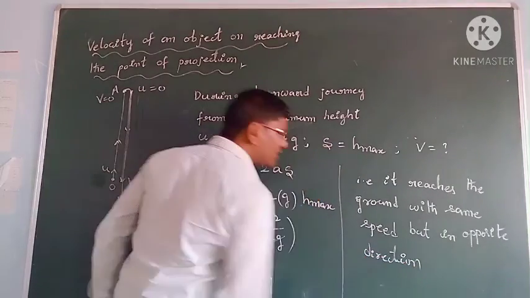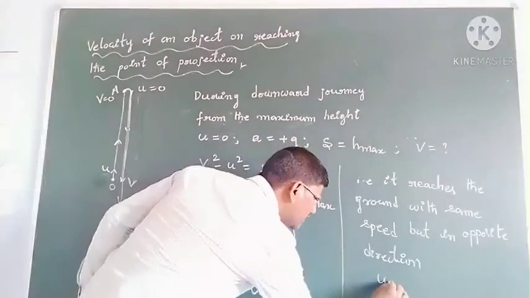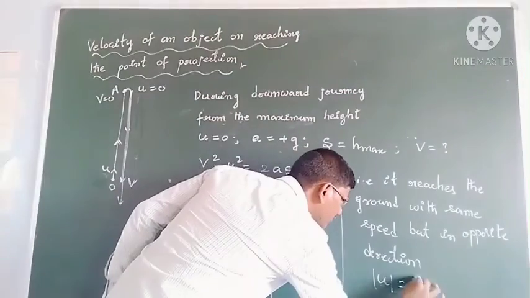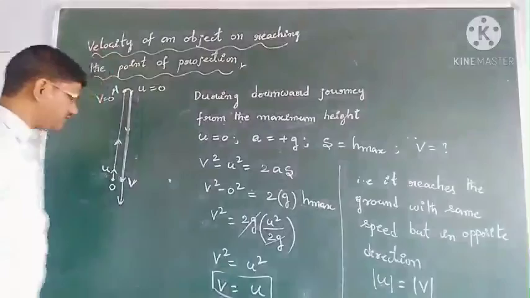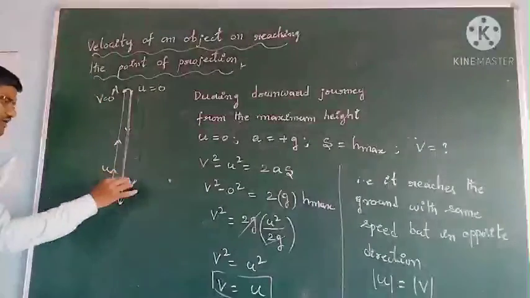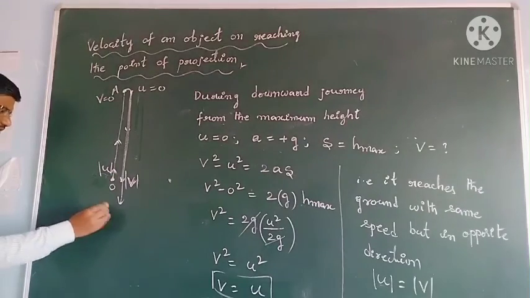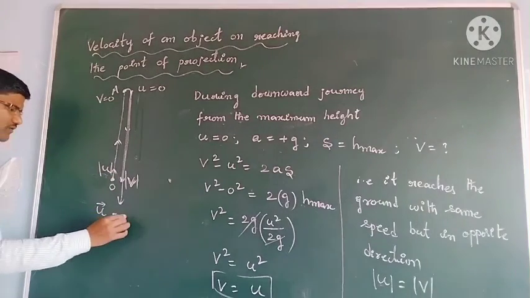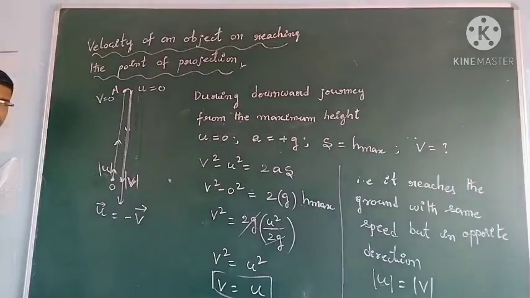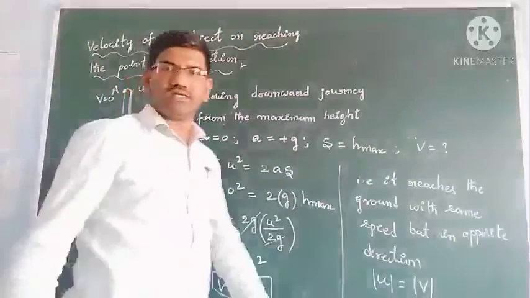So the directions are different. Modulus of u is the same as modulus of v. Meaning if it reaches the same point of projection, the magnitude of u and the magnitude of v are the same, but the directions are different. u bar is equal to minus of v bar. Okay, so that is the given thing, students.